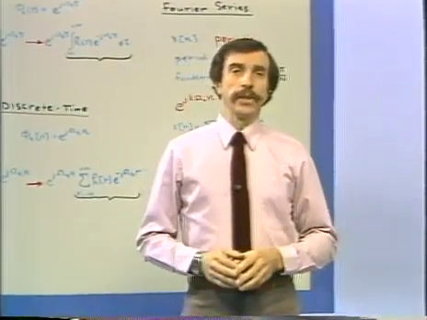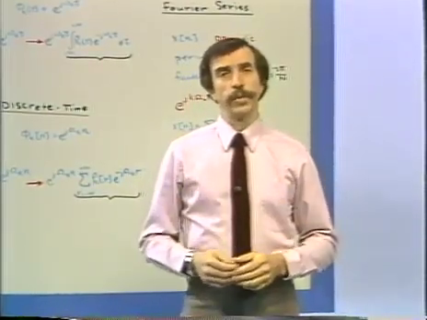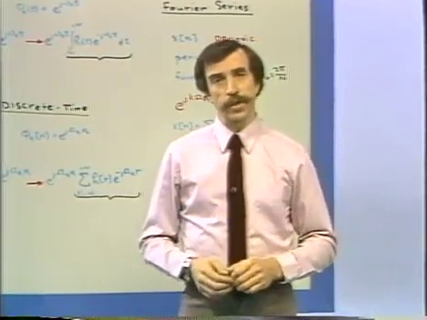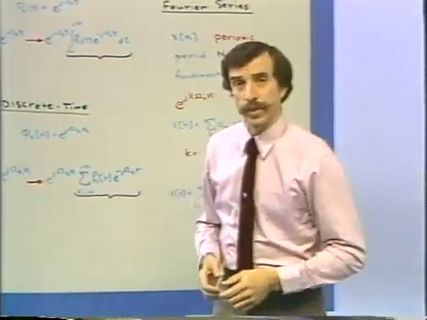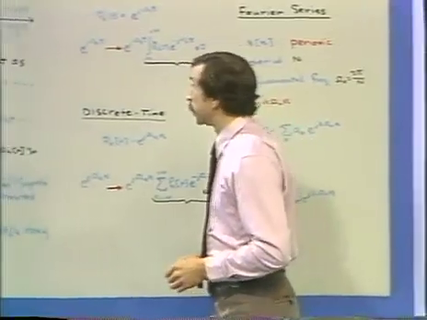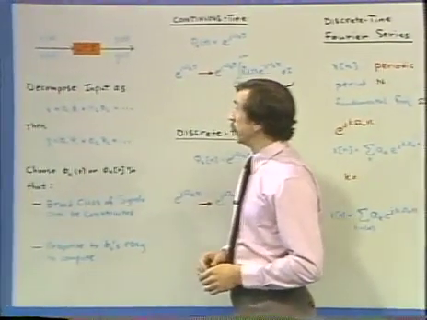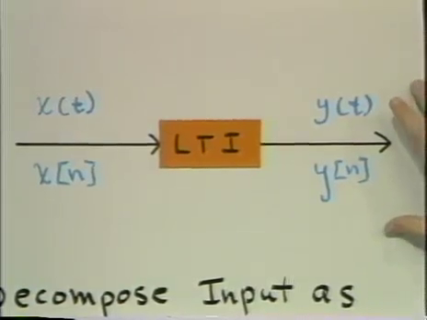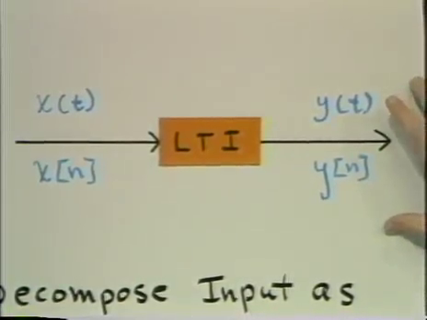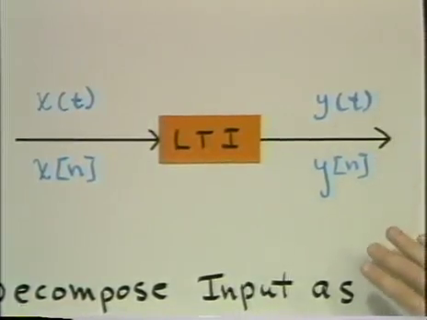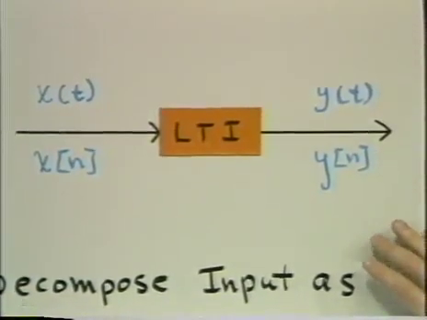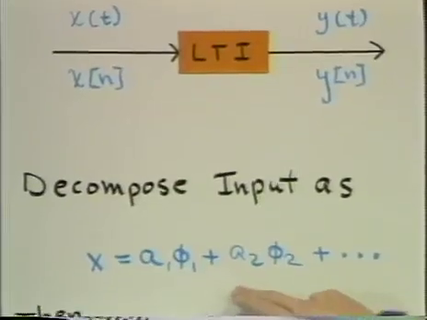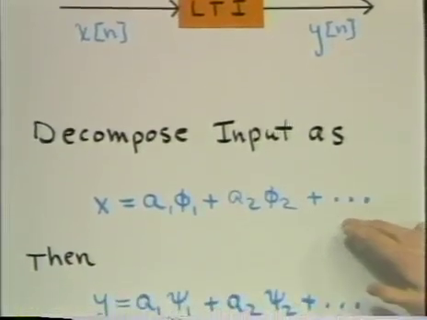The idea is that we wanted to exploit the properties of linearity and time invariance for linear time invariant systems. So in the case of linear time invariant systems, the basic idea was to consider decomposing the input as a linear combination of basic inputs.